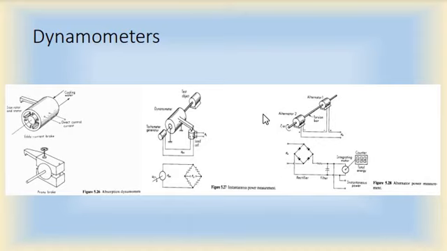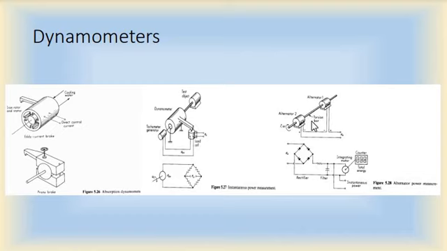Now, another solution for automatic power measurement is given in this figure, that is, alternator power measurement. Here, this is the torsion bar. The center shaft-like bar is known as the torsion bar, and it carries the torque that is to be measured here.